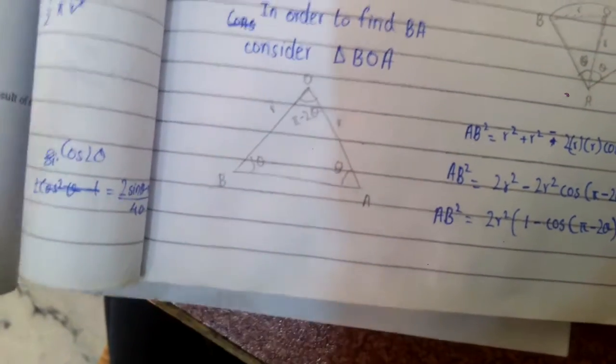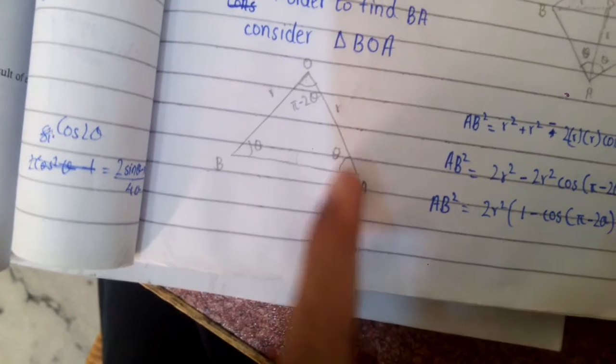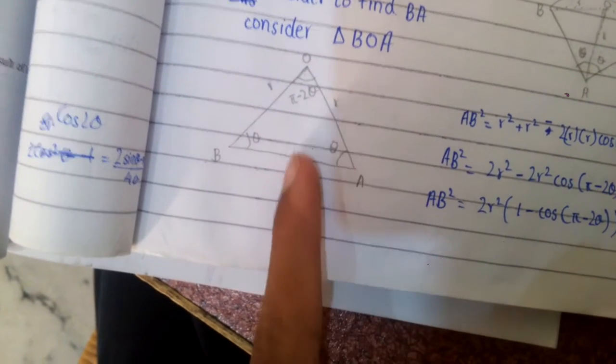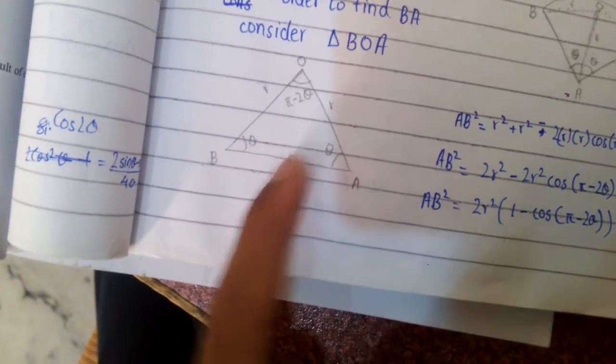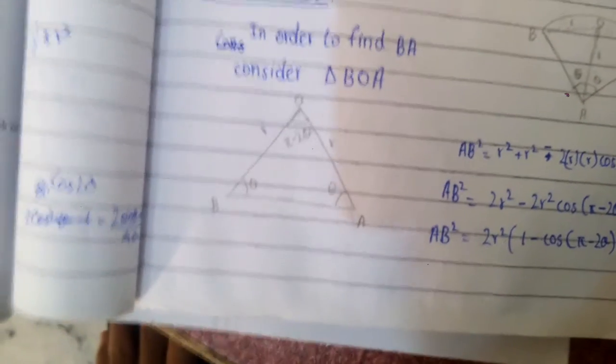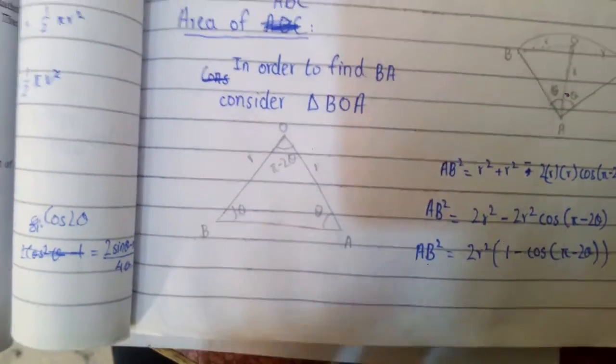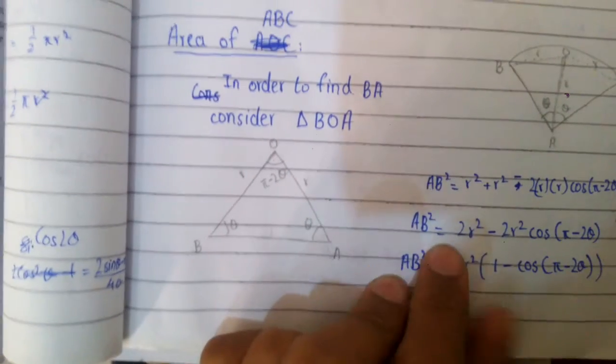We can find this in two ways. One method is to draw a line from O to here, which divides AB into two and forms a right angle triangle. Or we can use the cosine rule.